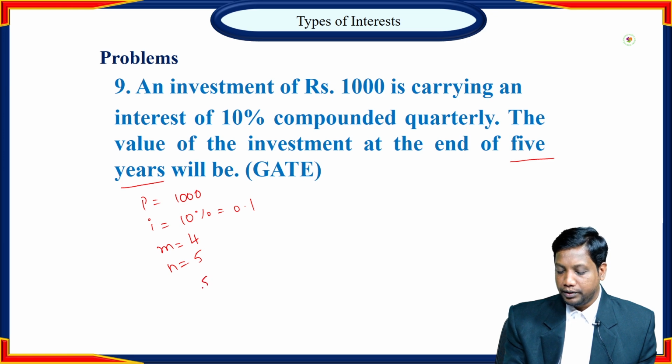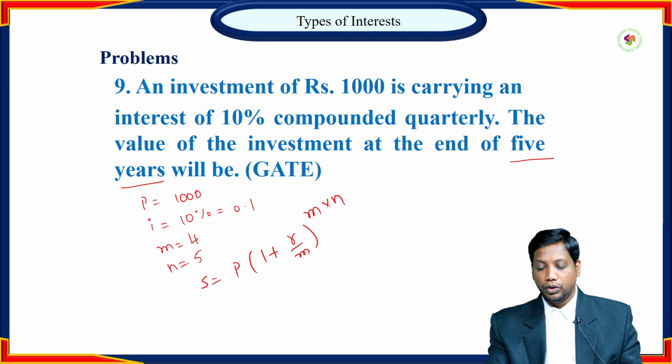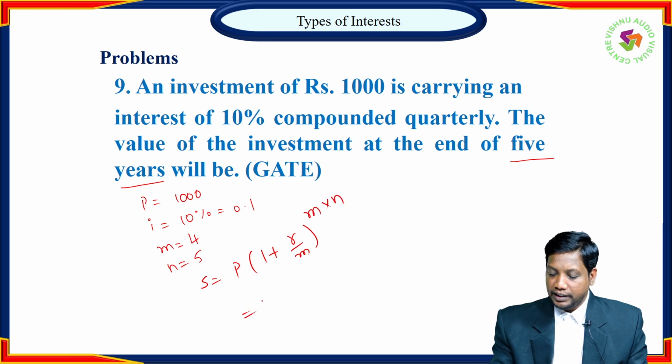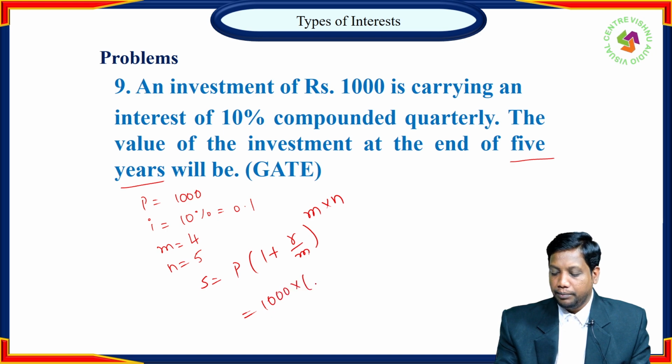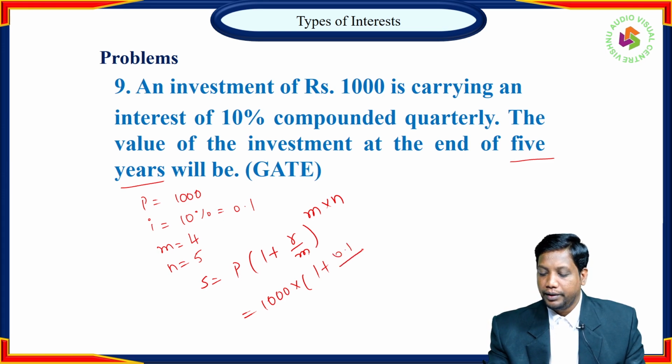So total sum S equals P into (1 plus r by m) whole power m into n. So principal is given as 1000 multiplied by (1 plus r, the nominal interest rate, that is 0.1, divided by m).